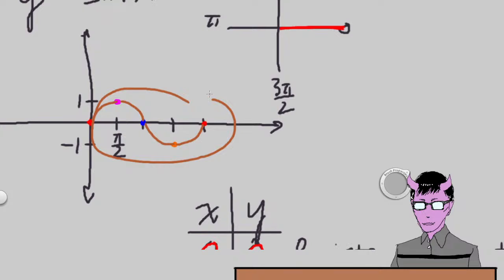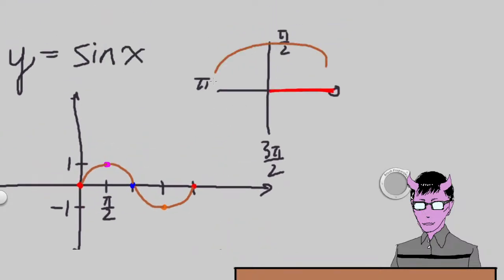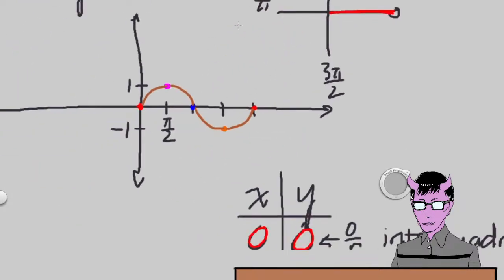And because there's a periodicity to this particular function, we're going to be copying this exact same motif. So let me show you real quick. I trace the graph, and then if you put more evenly spaced hash marks, you're going to get this exact same thing.